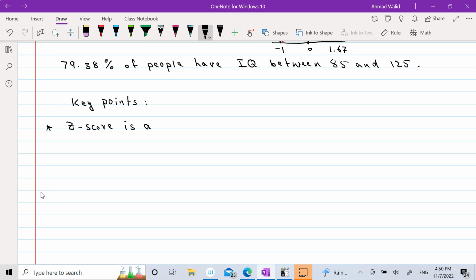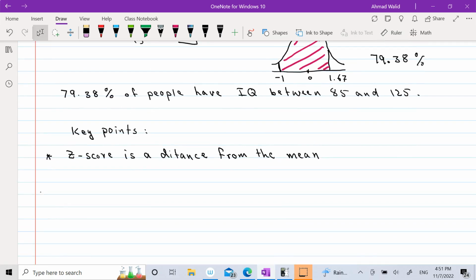Z-score is a distance from the mean. We know this. Z-score is actually a distance from the mean. You see how far in this example you are from the mean. 1.67. How far to the left? 1. Correct?